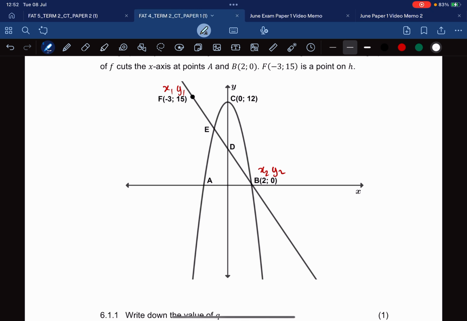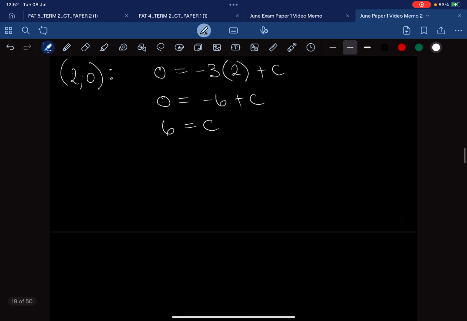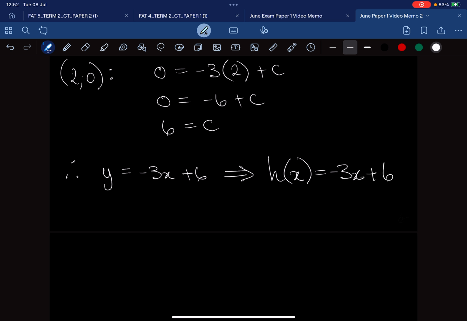Did they give us point D? No, they didn't give us point D. So c is equal to 6. So therefore, y is equal to negative 3x plus 6. That means h of x is equal to negative 3x plus 6. And that is our equation for h of x.